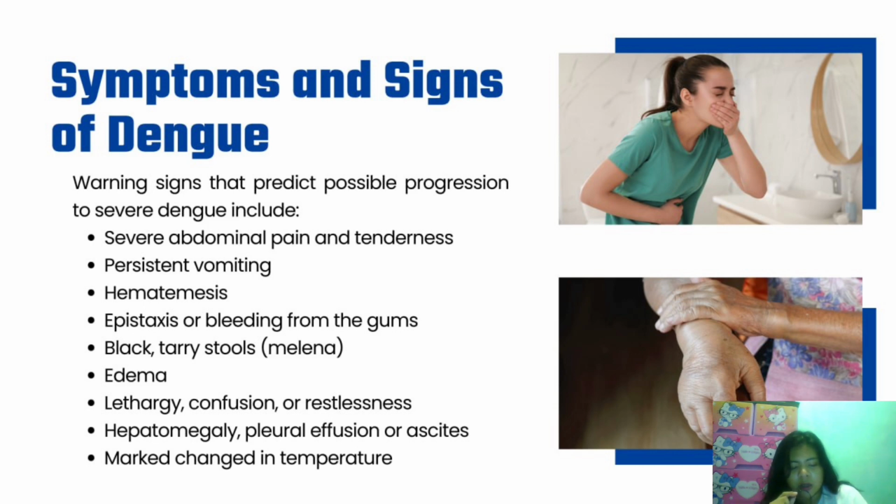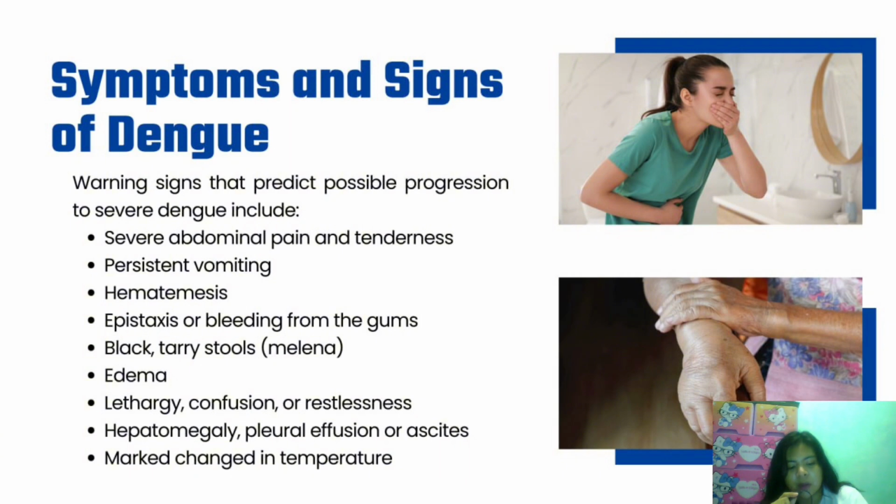These severe symptoms of dengue start appearing 24 to 48 hours after you notice a high fever. So kapag ikaw ay nakakaranas ng abdominal pain, pwede mo ring ma-experience ang panlalambot or yung tinatawag nating tenderness.